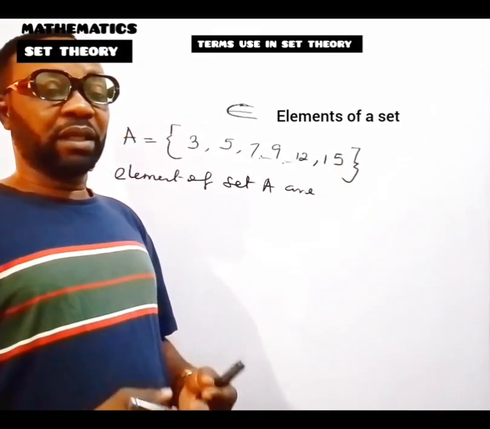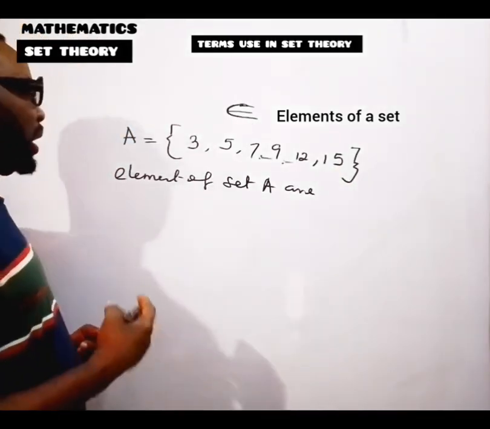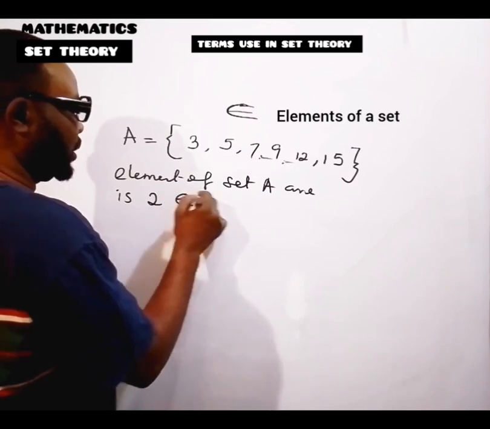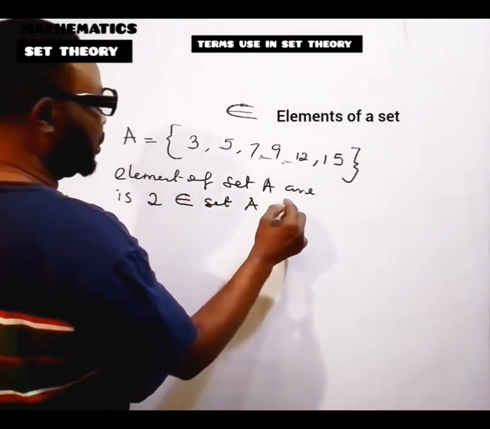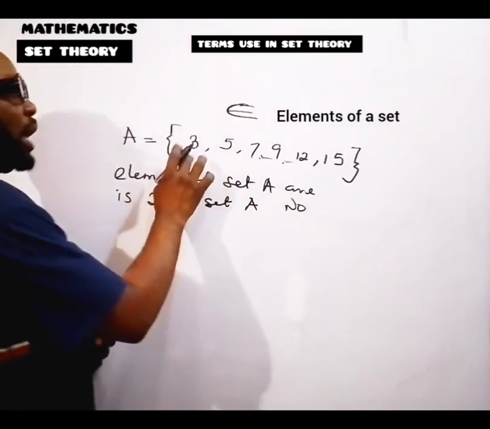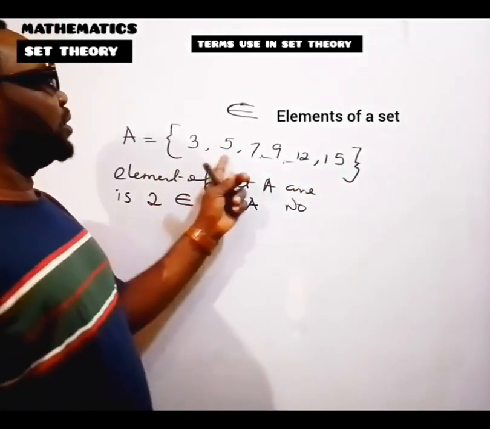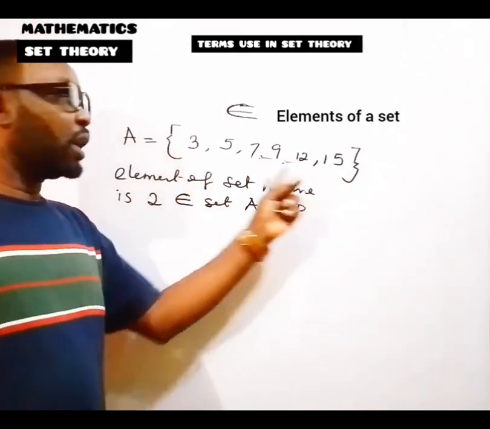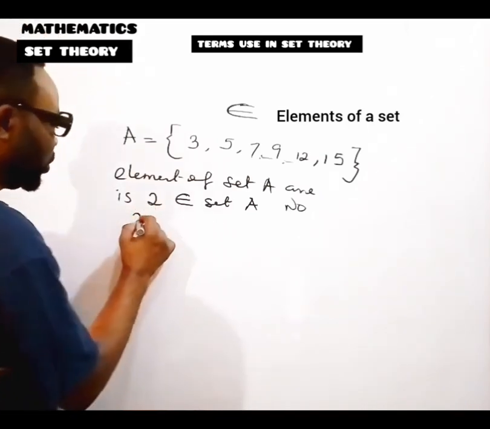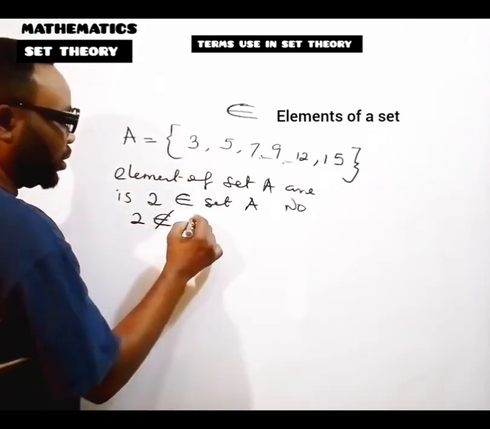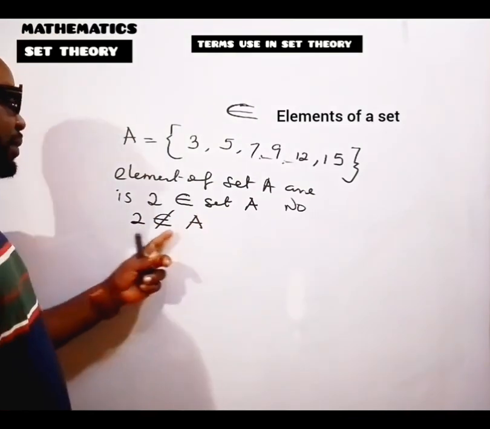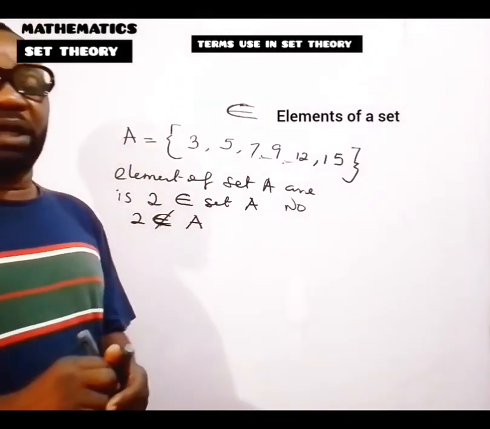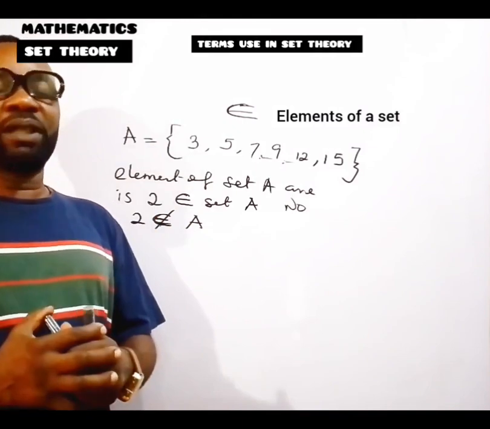Those are the elements that are in set A. Now, if I am asked, is 2 an element of set A, I will say no, because as you can see here, there is no value that is 2 among the elements of set A. So 2 is not an element of set A. This is the meaning of that. You can see that I wrote the symbol of the element, then I cancelled it. It means that it is not an element of set A.